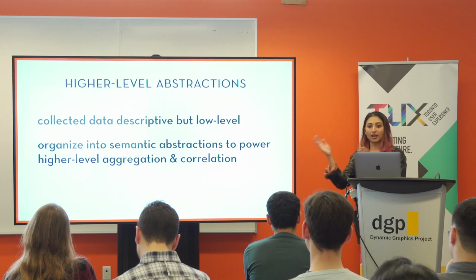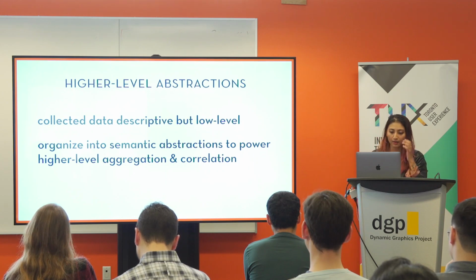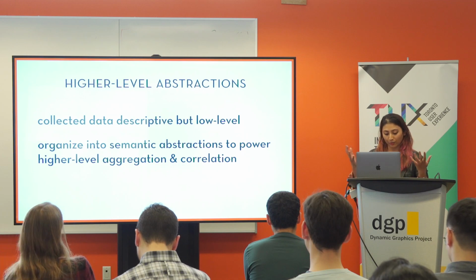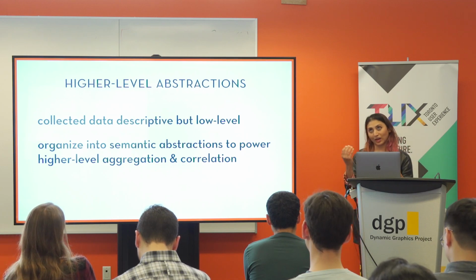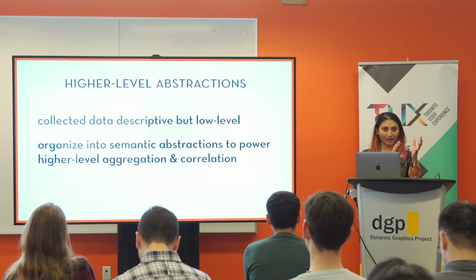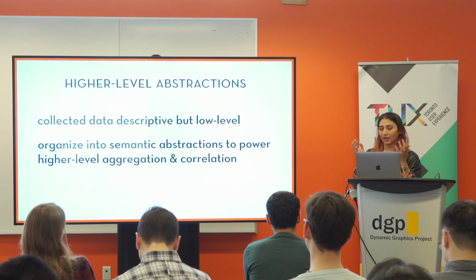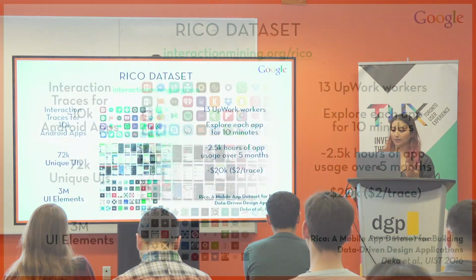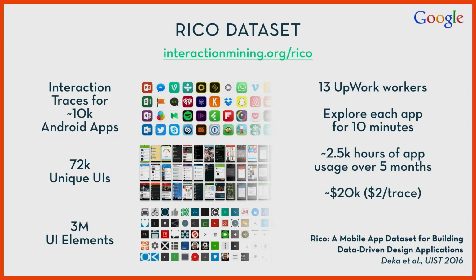To actually do this, what we did was we wanted to train machine learning models to predict design semantics for apps. And when we talk about design semantics for apps, there's actually different levels of granularity of the semantics.